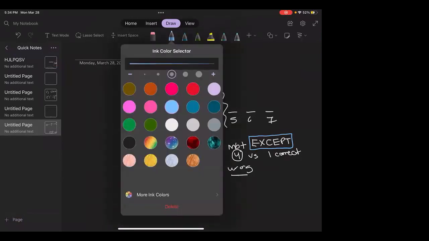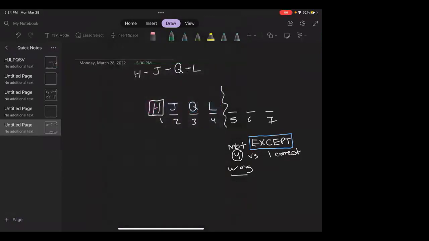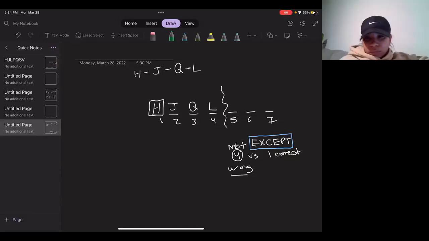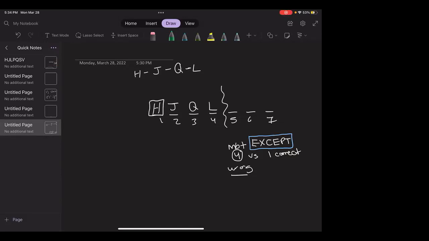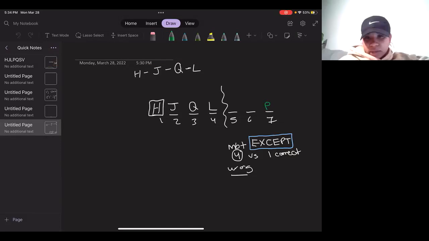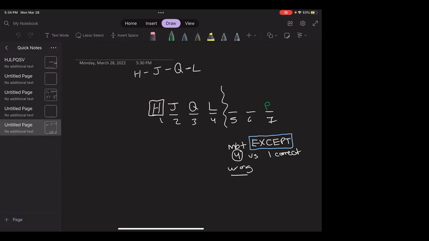So let's draw out the latter half of 5, 6, and 7. We know that P and V are the only ones who can go in 6 or 7. So who do you want to put there, P or V? P. Okay. And who would you like to put in 5 or 6? 6 is V. Okay, and then we'll put S here.